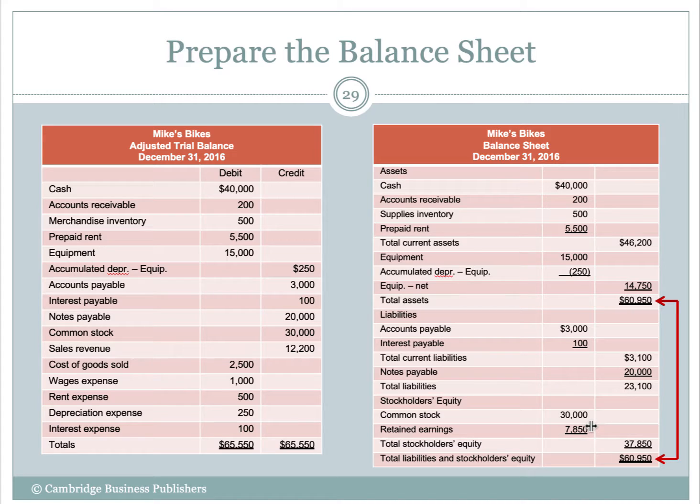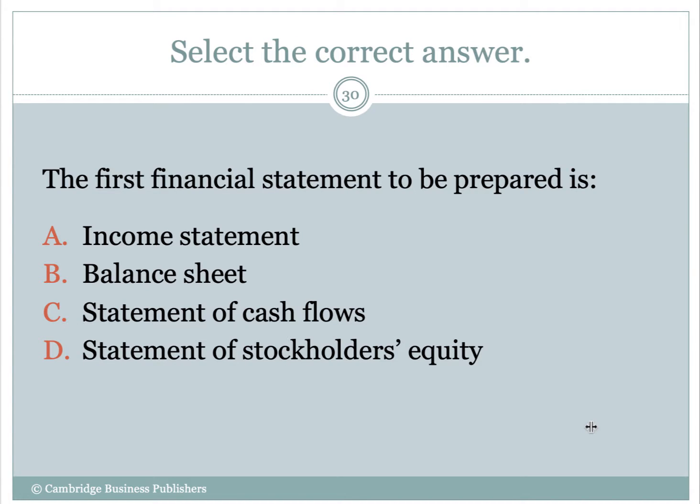Guess what our liabilities plus shareholders' equity has to equal? $60,950. So the balance sheet has to balance. Okay? So the first financial statement to be prepared, well, it's the income statement, right? Then we do the statement of shareholders' equity. Then we do the balance sheet. Then we do the statement of cash flow.